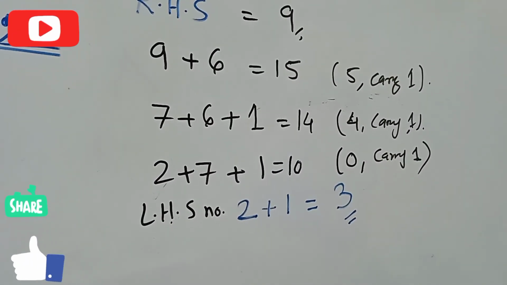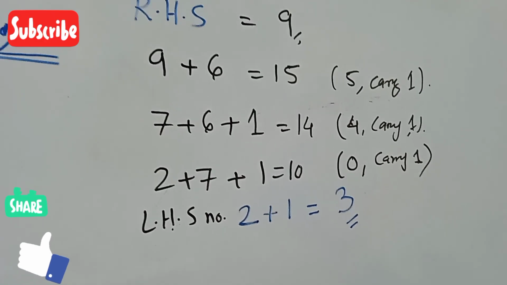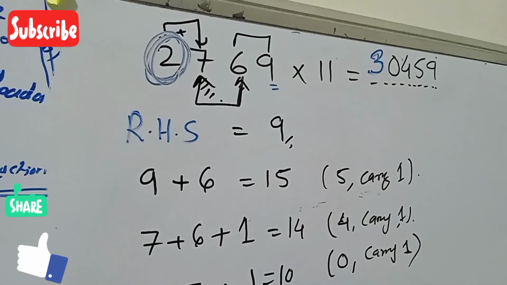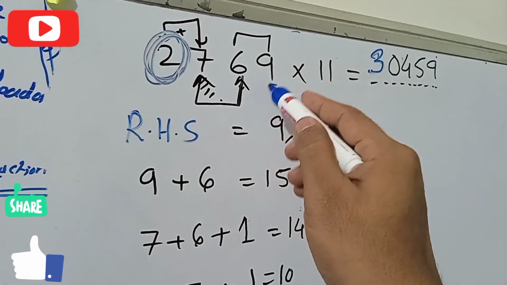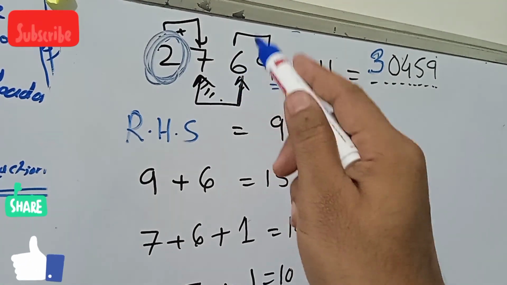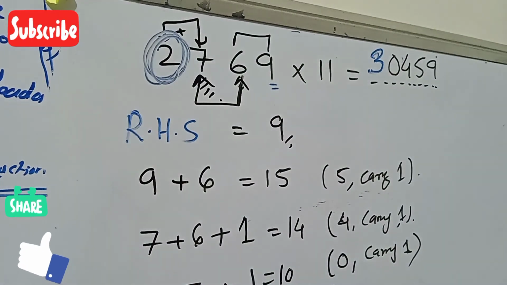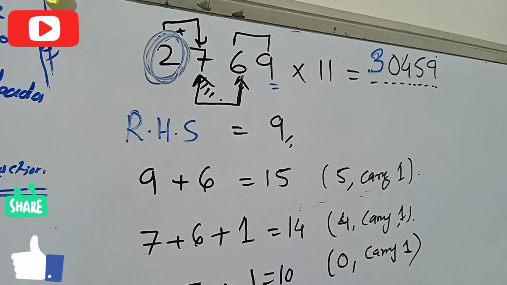What do we have to do? First we have to identify the RHS number, then add the rest of the numbers in pairs: the first pair, then the second pair, then the third pair, and we end all our calculation at the LHS number plus the carry, which is 3.